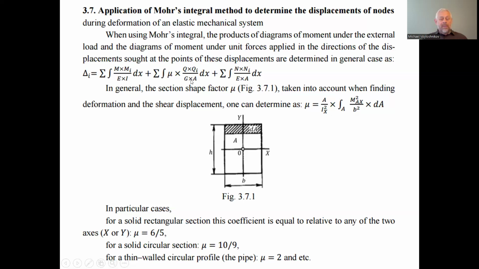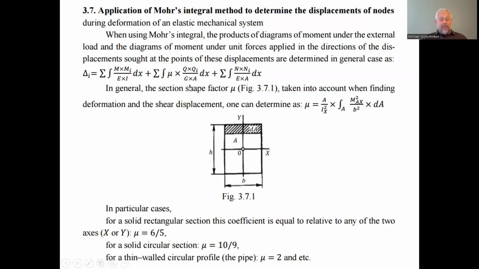The second summand would be important in magnitude if we consider the deformation under shearing forces of an element of the mechanical system in the direction of the transverse force in the transverse section.